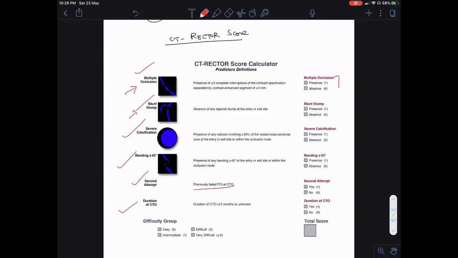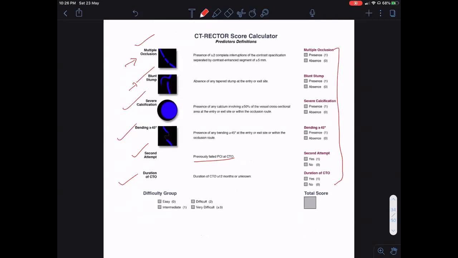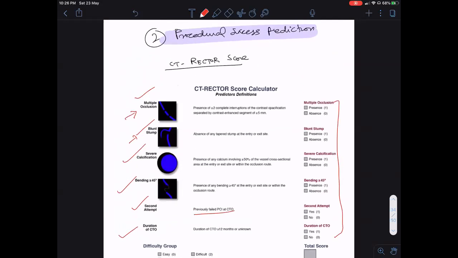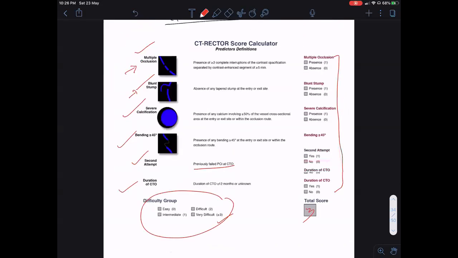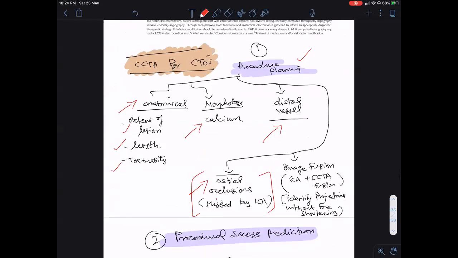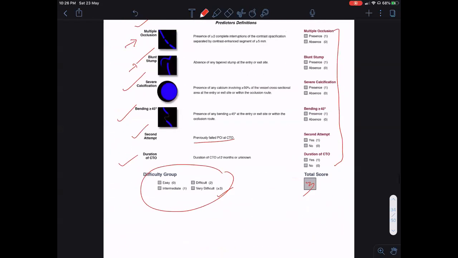Based on presence or absence, we can come to a conclusion on the CT Rector score. Anything more than 3 is a very difficult population. So for CTOs, it can help in procedure planning and procedural prediction.